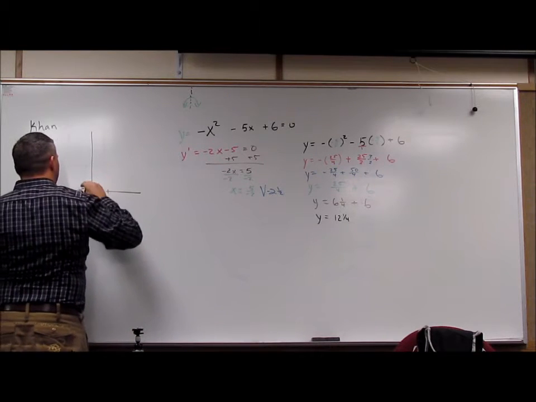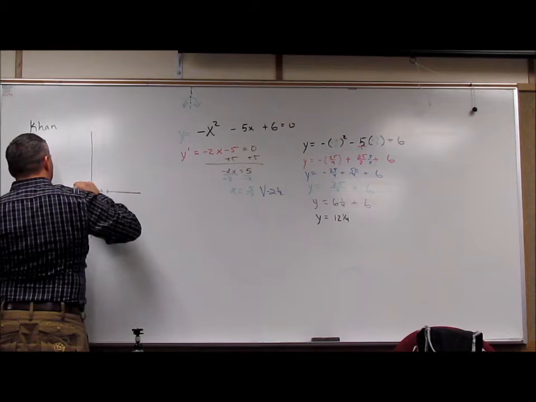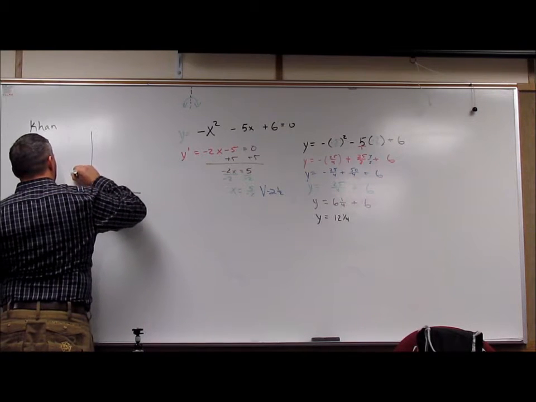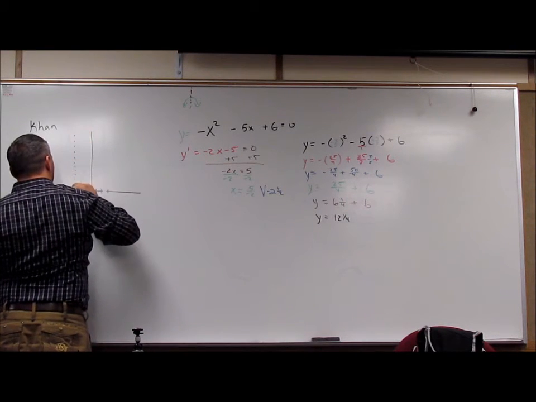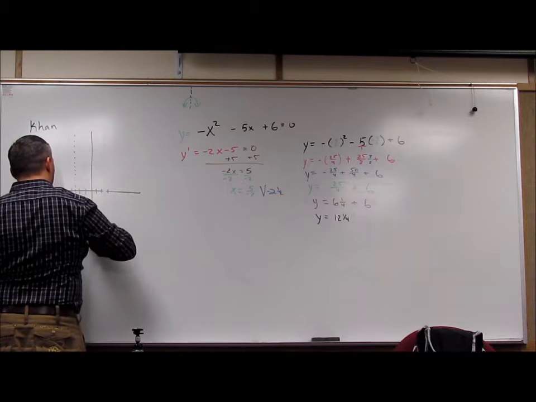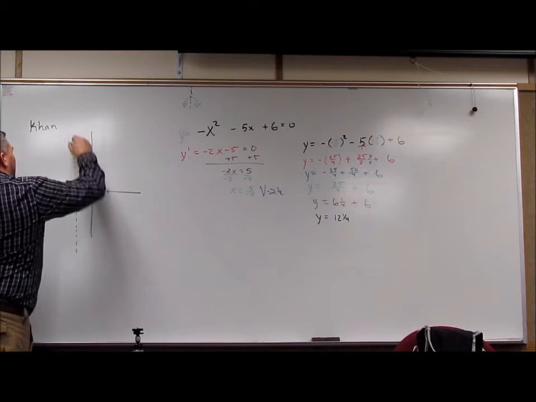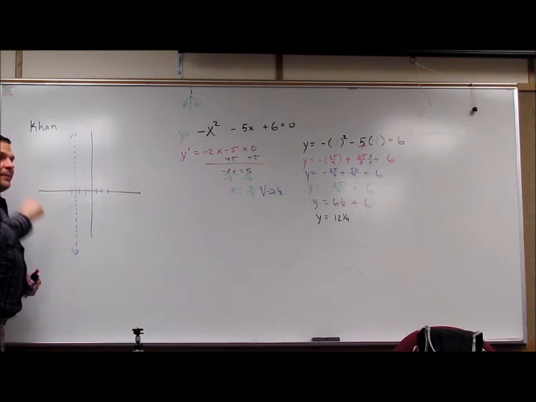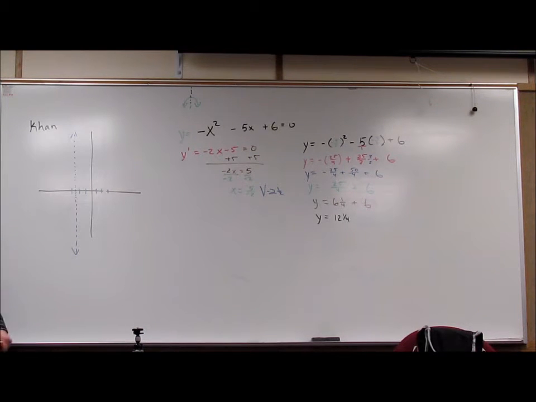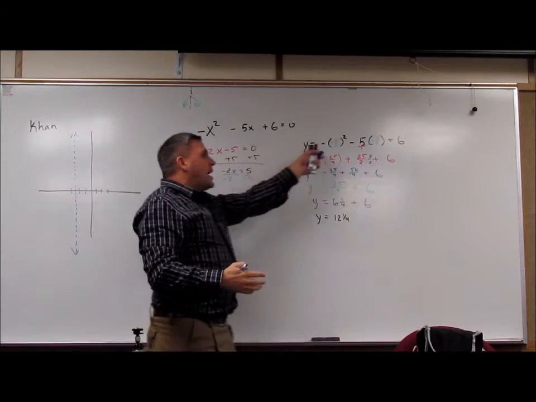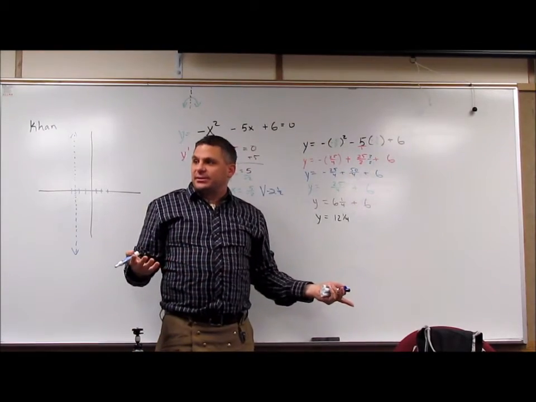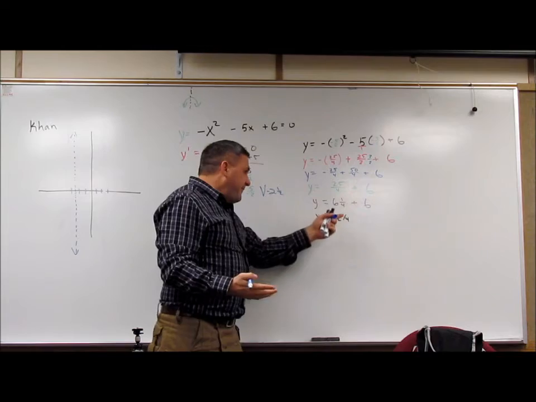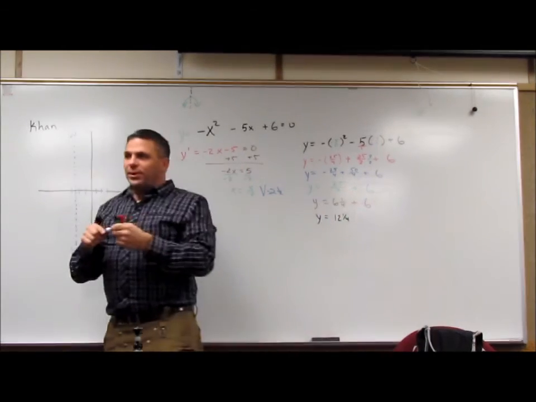So that's a big difference, right? Negative 2 1/2 is right here. So that's what that axis of symmetry is telling me. It's somewhere on that line. And then when I plugged it into the y to find what the y value was at that point, I found out that it's 12 1/4.